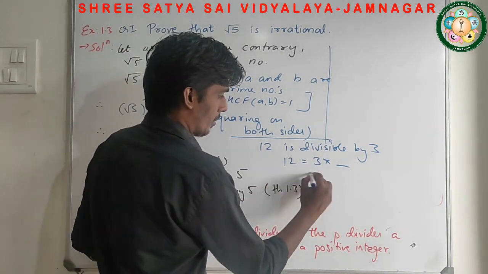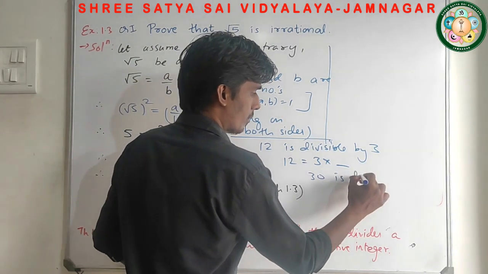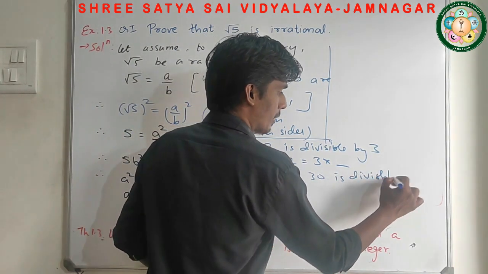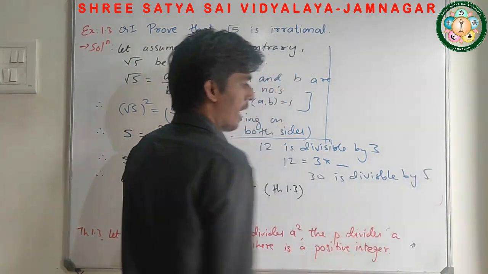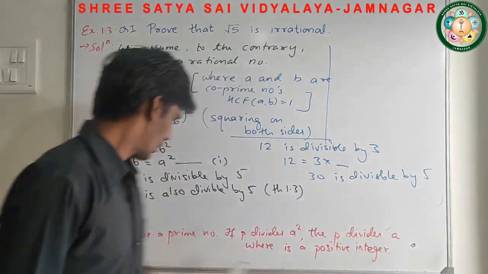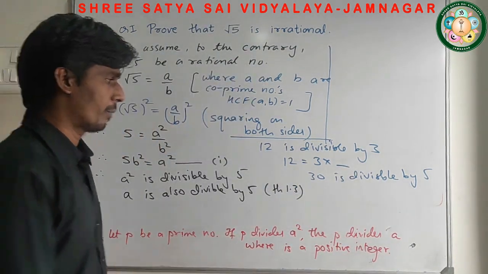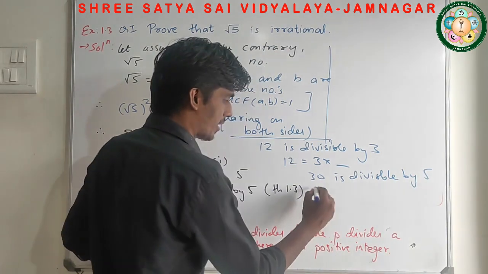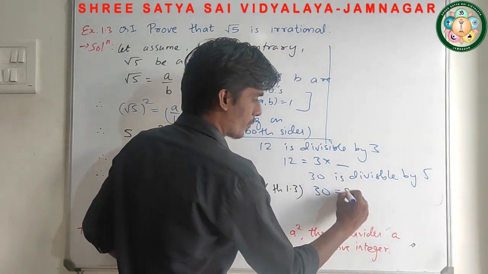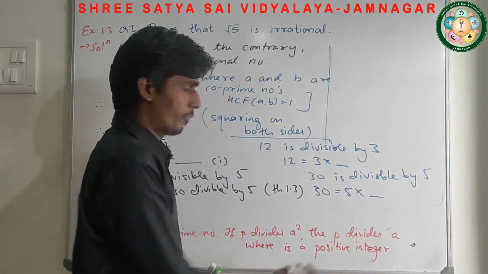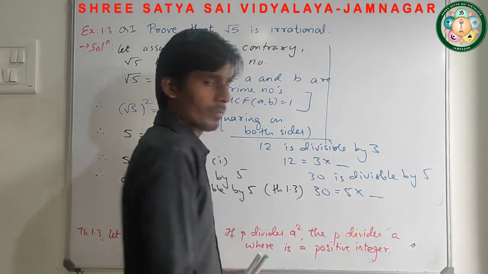If I write 30 is divisible by 5, I have to take a prime number here only because this theorem is for prime numbers. 30 is divisible by 5. What does it mean? 30 is equals to 5 into something. We already know here it should be 6.